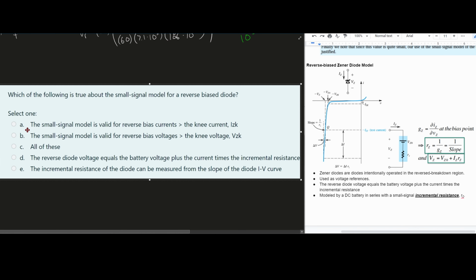We're told that the small signal model is valid for reverse bias currents, and this is going to be the same as part B. The only thing that changes is voltages, so currents and voltages.